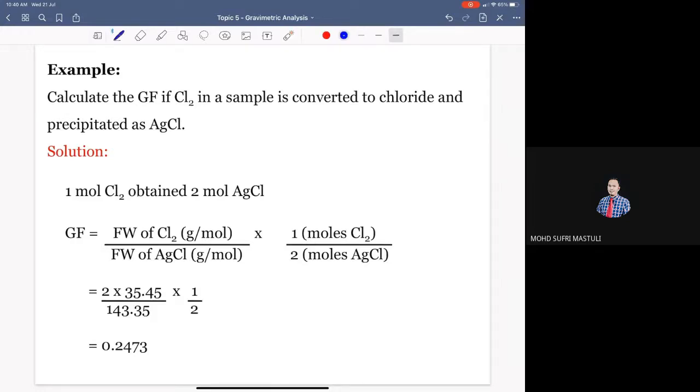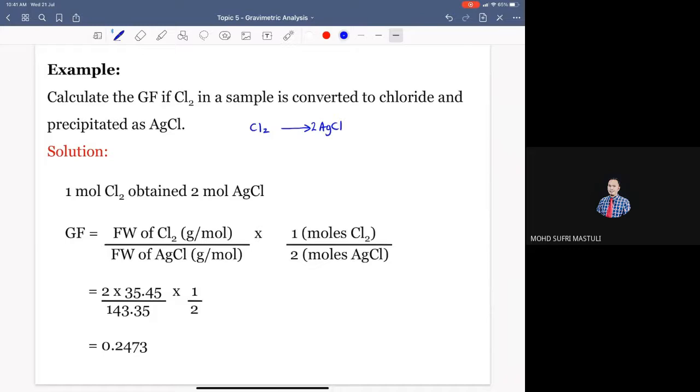So the relationship is Cl2 to the precipitate silver chloride.